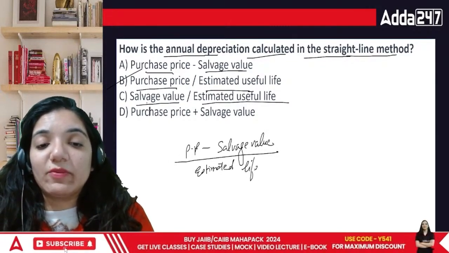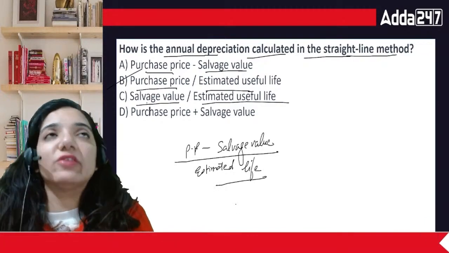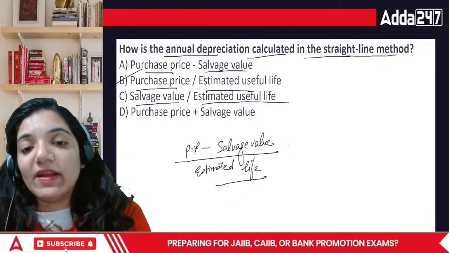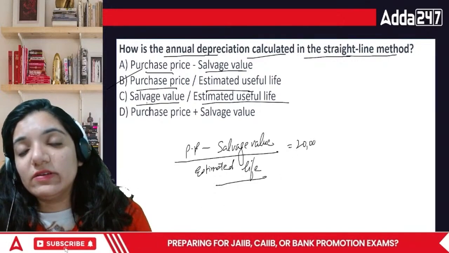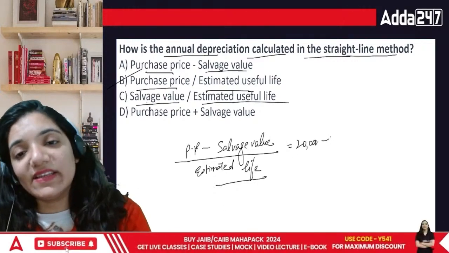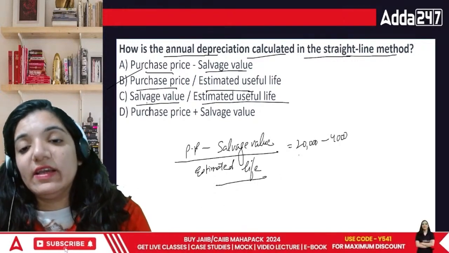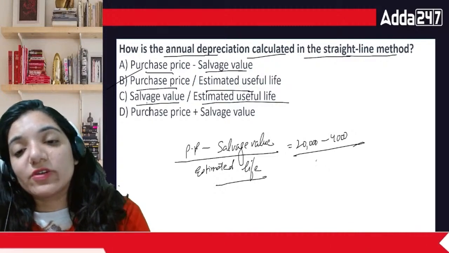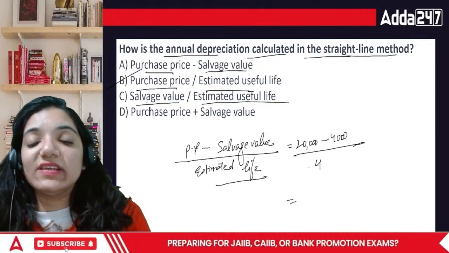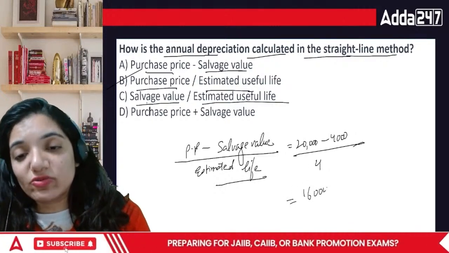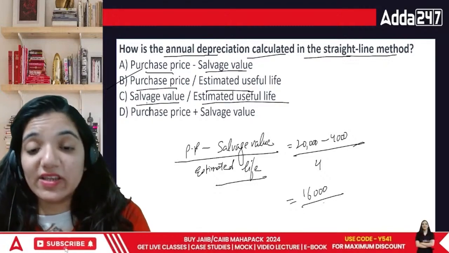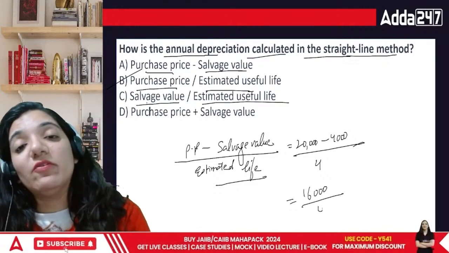For example, everyone, I bought a machinery worth rupees 20,000. By the end of fourth year, I can sell it for 4,000. And its life is for total 4 years. So in this case, it would be 16,000 is the total amount that you will recover from the machinery over the period of 4 years.